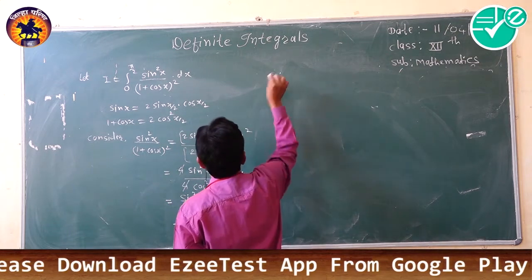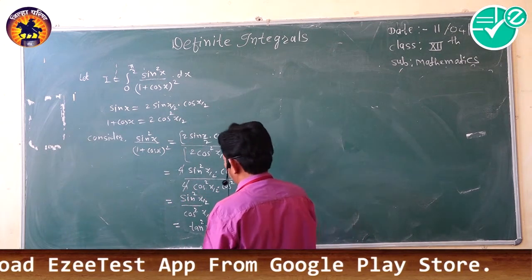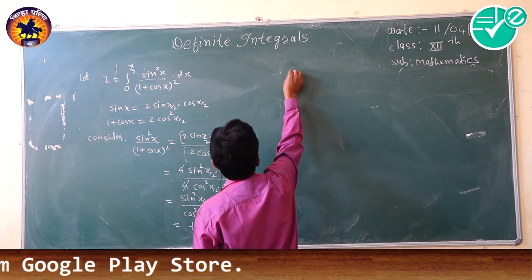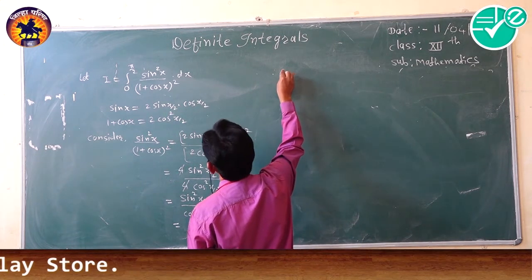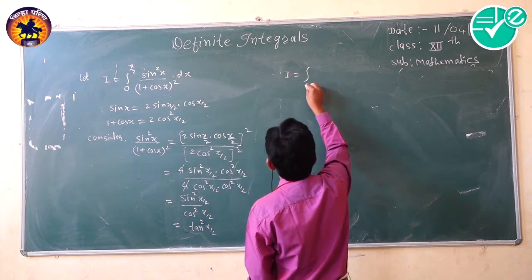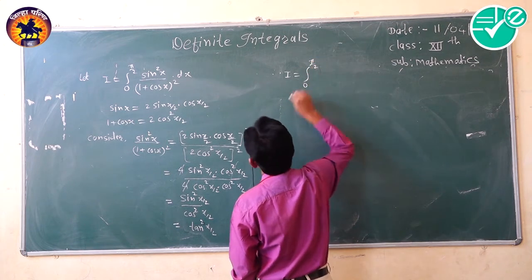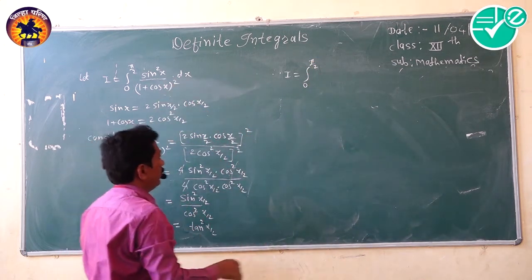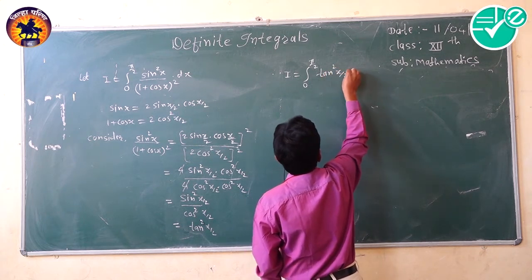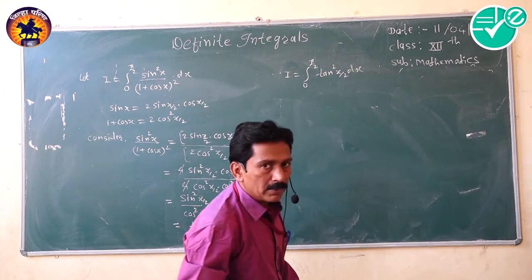Therefore, I becomes integration 0 to pi by 2. Now substituting the value of this, it is tan square x by 2 into dx.